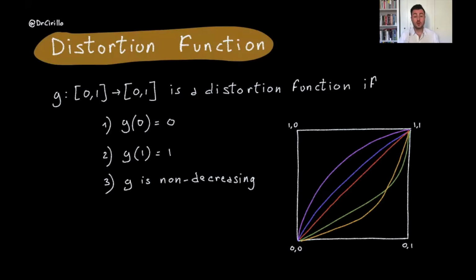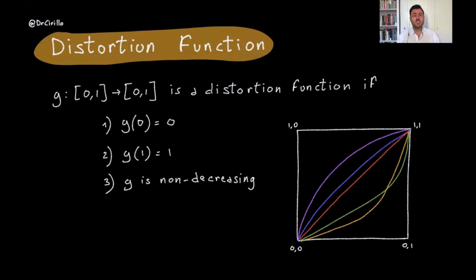So let's start and let's try to understand a little bit more why looking at the Wang transform can be useful for us. Okay, so last time we briefly introduced the concept of distortion function. Now, what is a distortion function?